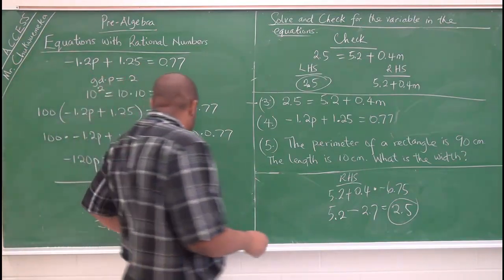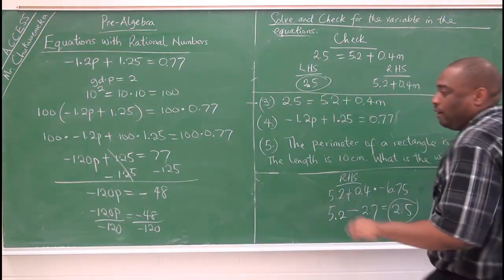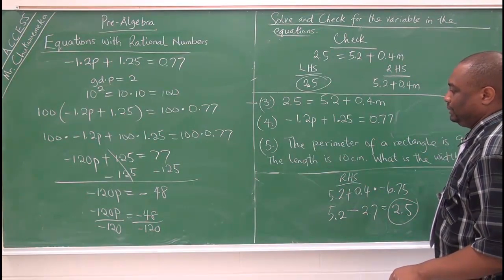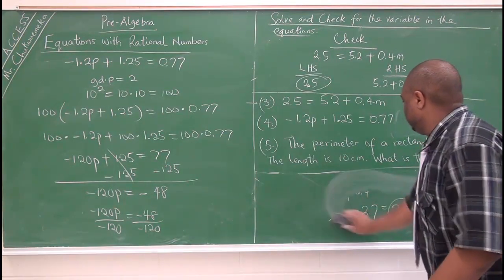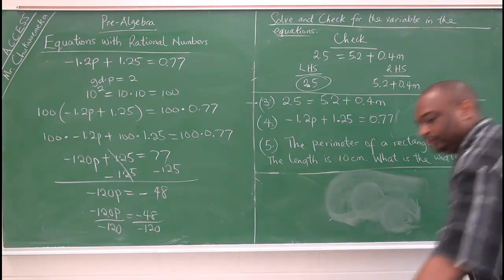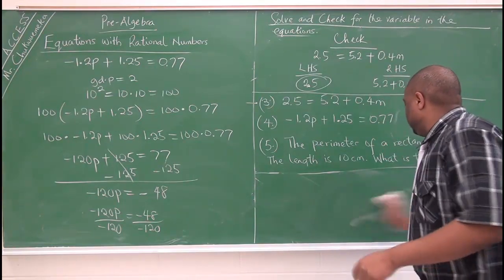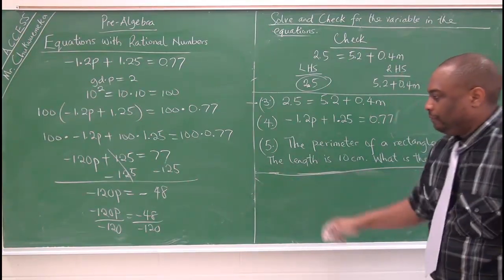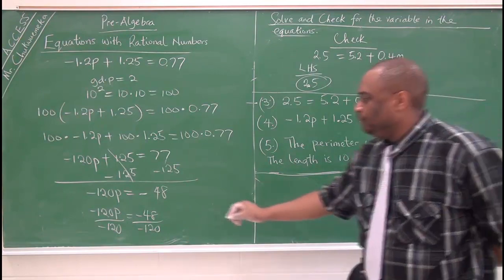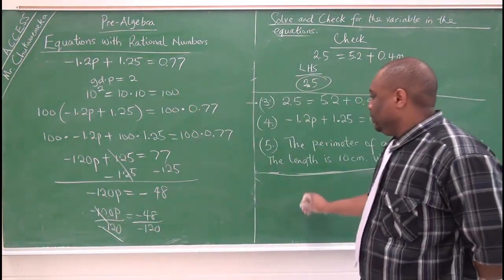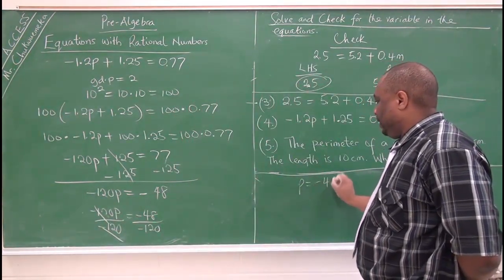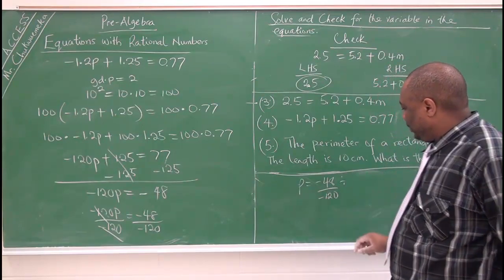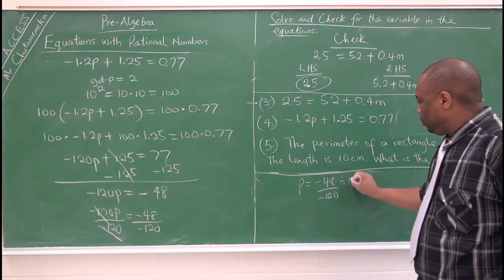So when we do that, let's find what our p is, and then we can check our work. So if we continue from here, our negative 120 will divide negative 120. So our p will be negative 48 over negative 120. Of course, you divide by 12 now.